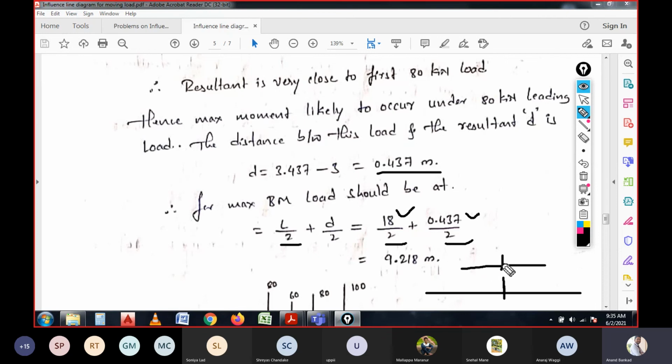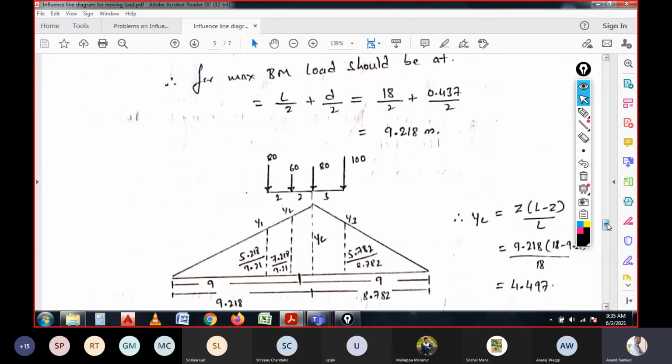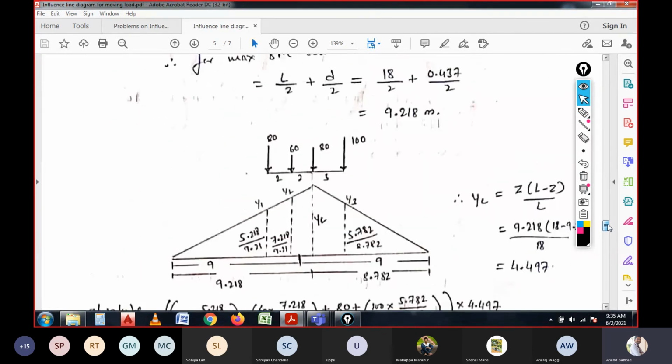So here, this point needs to be placed from the left end at 9.218, and I will show you the diagram. The same diagram is already drawn over here, right? This 9.218 meter we are obtaining, which is placed from the right end, because we have already measured from the left end of 3, and when the section is passed for the CG, it is remained with 0.4 something.